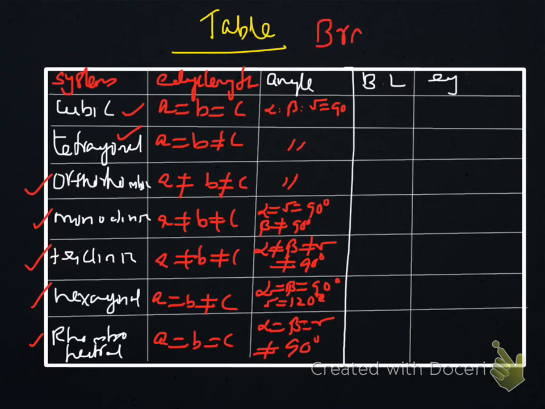If you have been given a particular lattice point or constituent particle, you can have 14 different ways to arrange that constituent particle or lattice point. Those possible arrangements are called Bravais lattices.